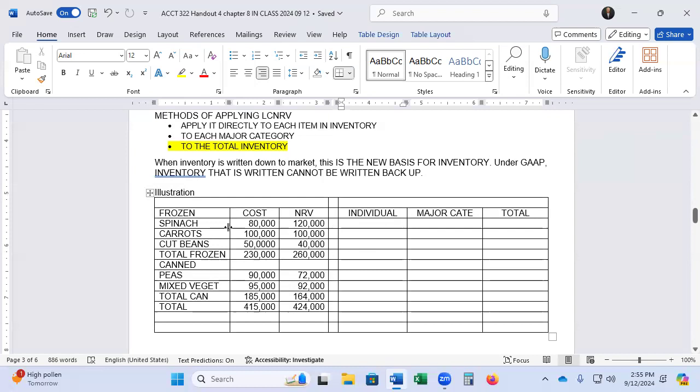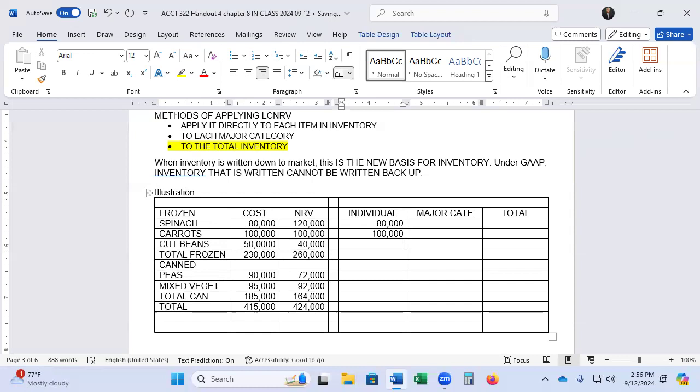So if we're doing it for individual items, we look at spinach and we say cost is 80, net realizable value is 120,000. And so we're just going with the lower of the cost or net realizable value. And so here, 80,000. Carrots are 100,000. Not a great margin.